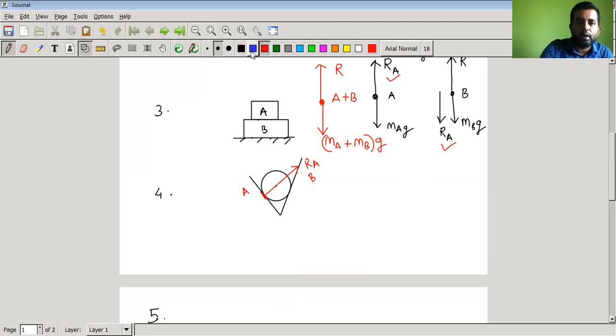Now same way you can see it is in contact with B surface here. So what is going to happen? This B will exert a force in this direction perpendicular to the contact surface, and let us write it B. So this contact force is always perpendicular to the surface, right?